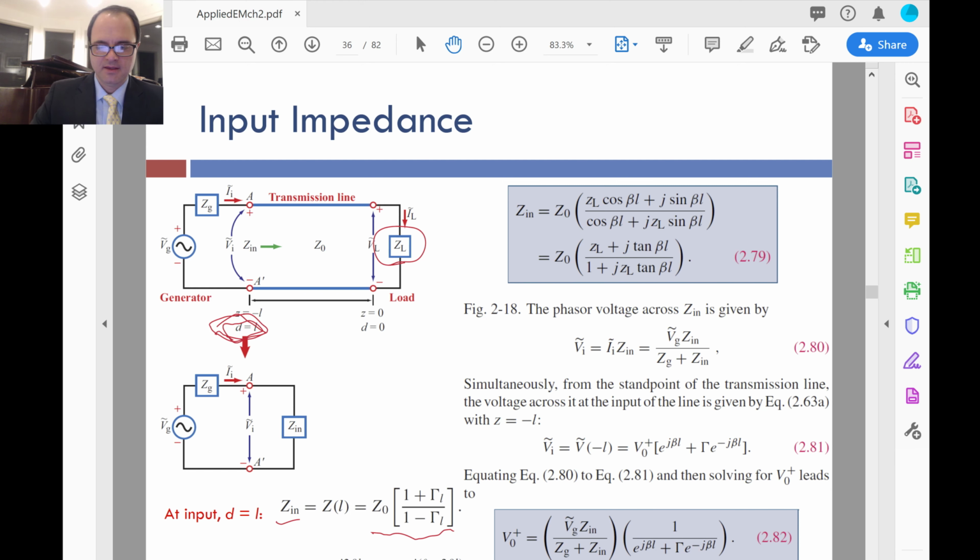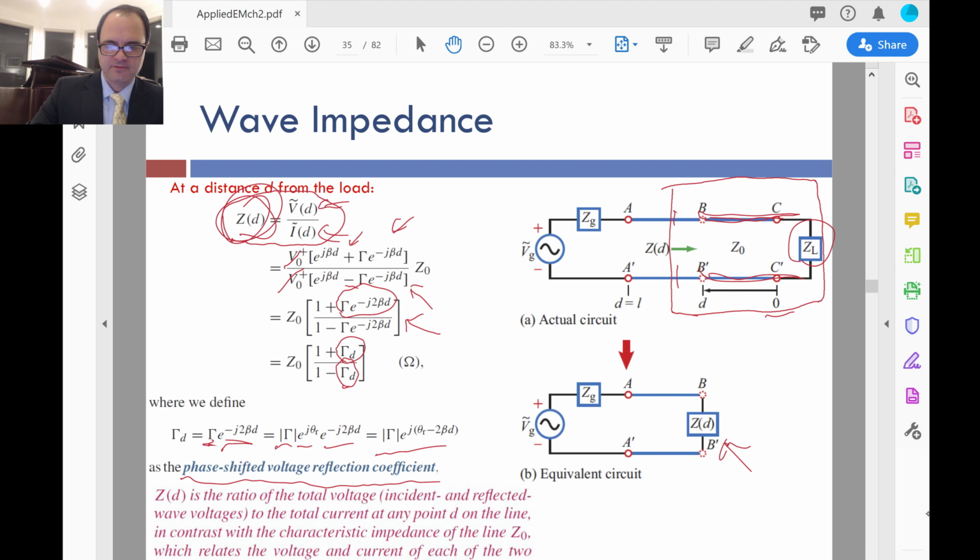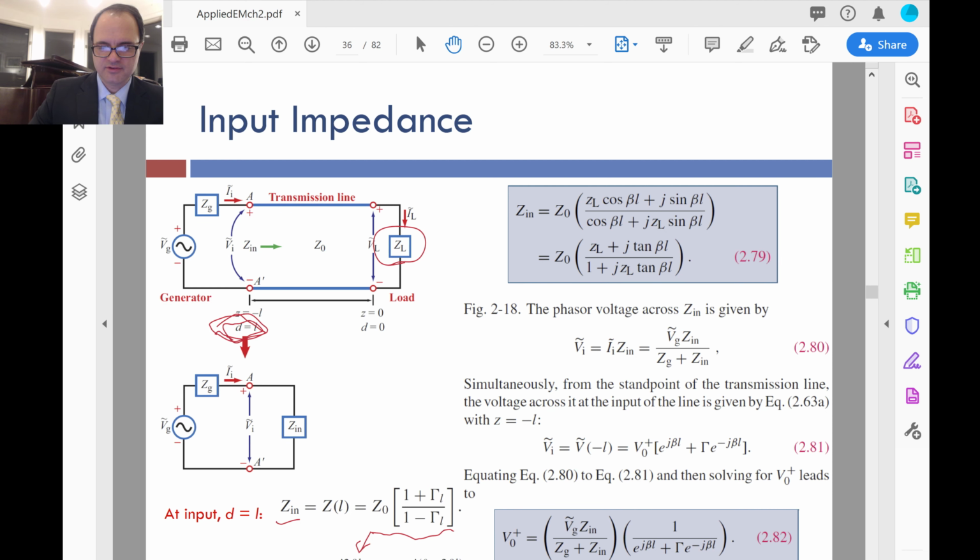My D is now replaced with L, the total length of the line, in this phase shifted reflection coefficient. And so this is what we have for capital gamma sub L.